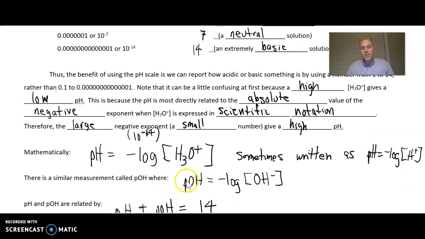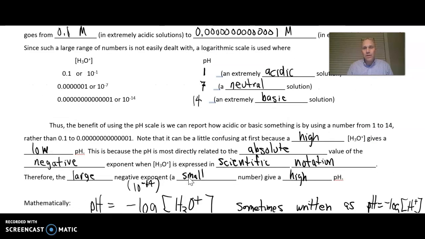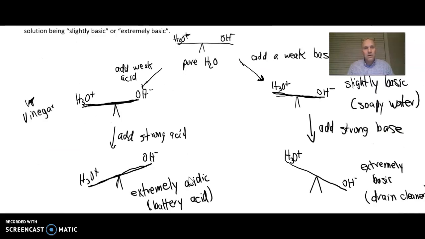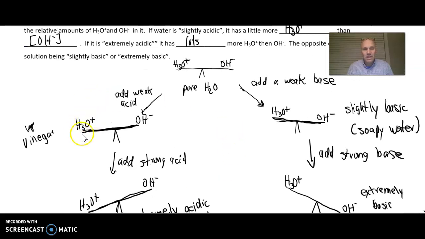There's also a similar measurement called pOH. While I would think that most people have heard of pH, pOH might not be something that you've heard of, but it does the exact same thing. Where instead of describing how acidic something is by telling you something about the amount of H3O+, pOH tries to tell you how acidic or basic something is by telling you how much of this there is.